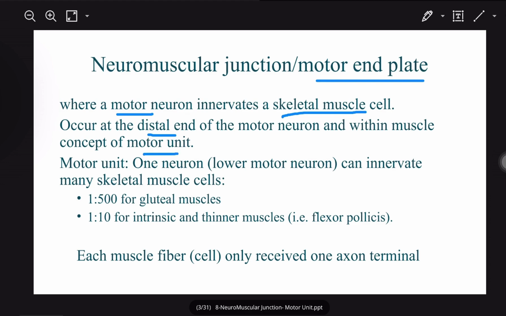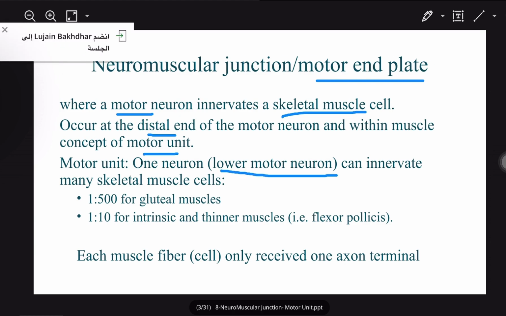We're going to talk about what we mean by the motor unit here. A motor unit is one neuron that can interface with many skeletal muscle cells. We always call it, and we will talk later about this term, the lower motor neuron. Lower motor neurons go from our brain back to give a signal, usually contraction, or moving the muscle.